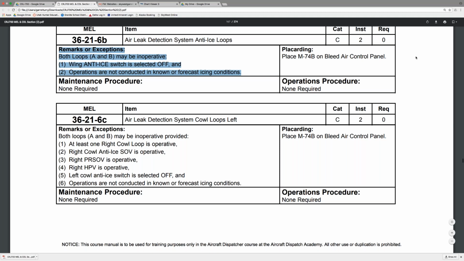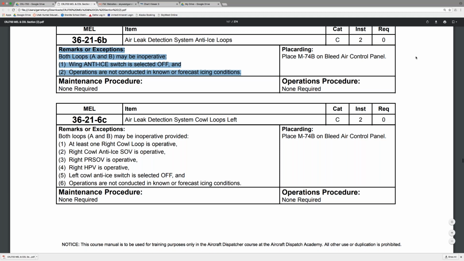And more than likely, you'll receive a couple MELs that are going to be on your practical test. So it is imperative that you understand how to look up these MELs.